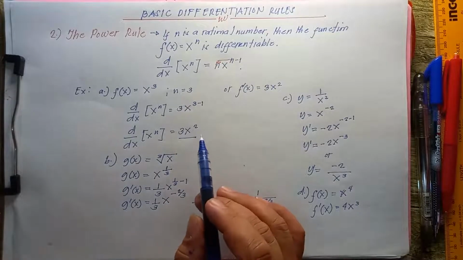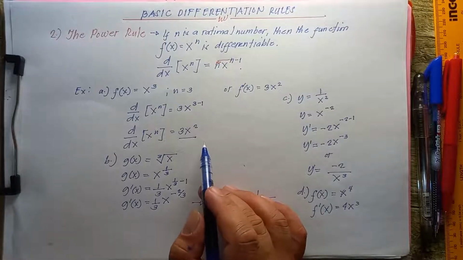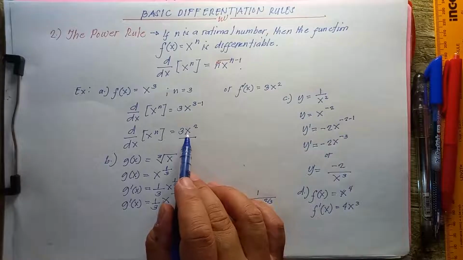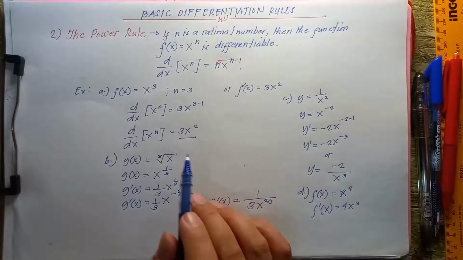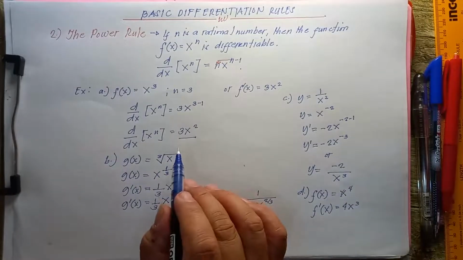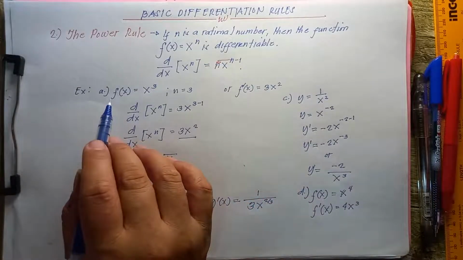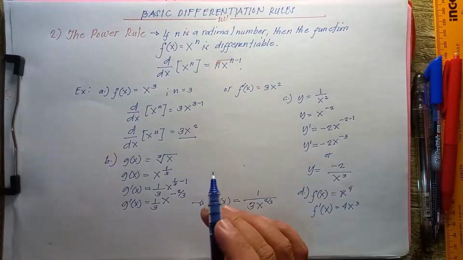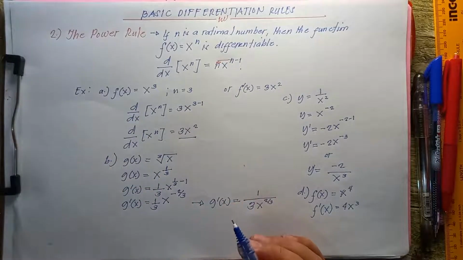If a point is given, we just substitute it into x raised to 2, and that would be the accurate slope of that tangent line to a cubic function at that certain point called the point of tangency.